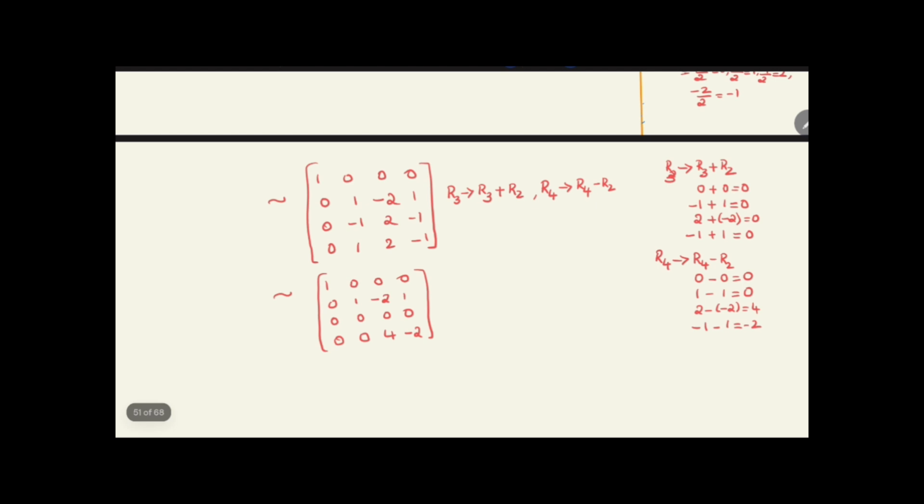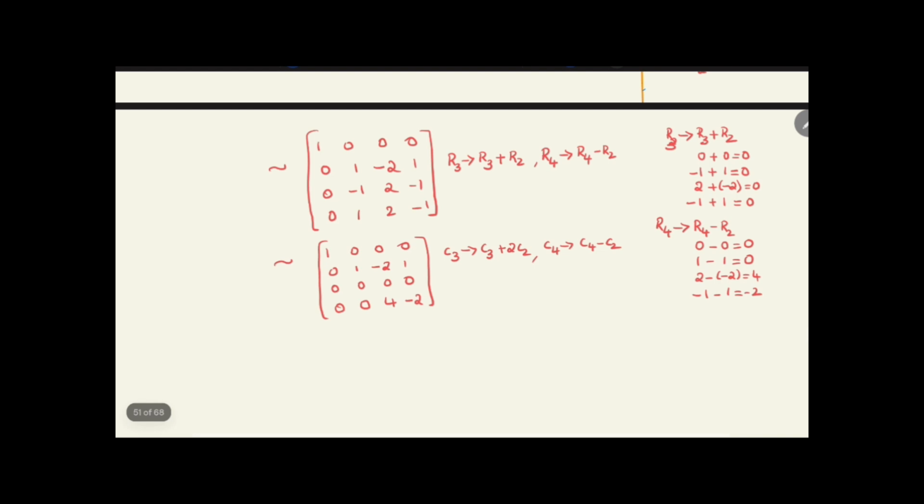What are the operations here? C3 implies C3 plus 2C2 and C4 implies C4 minus C2.